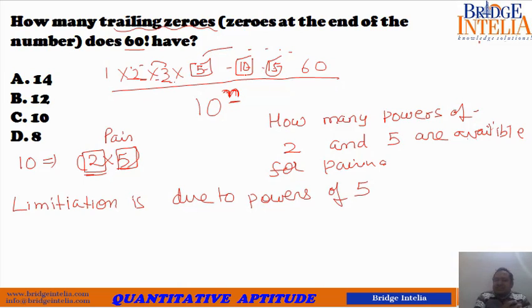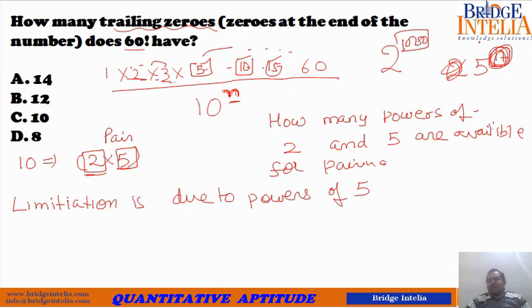When we understand that the limitation is going to get created by powers of 5, why should you waste your time in counting? So let's suppose 1000 powers of 2 are available and only 17 powers of 5 are available. So only 17 pairs are going to get created. So why worry about this? Limitation is because of powers of 5.